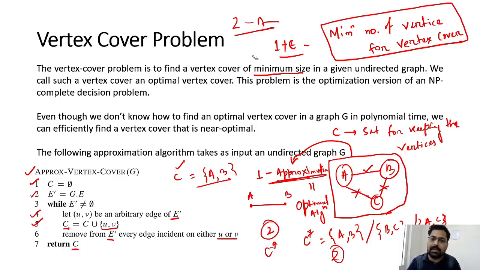If the approximation value is 2, meaning more than 1, that extra is epsilon for us. We will be discussing this with the example. For this example which we have taken, we found one approximation, but this is not always correct.